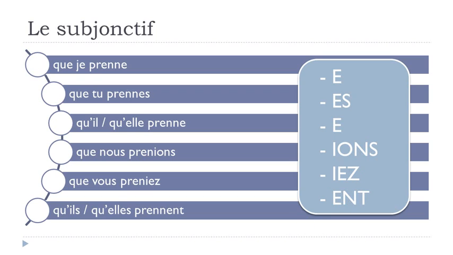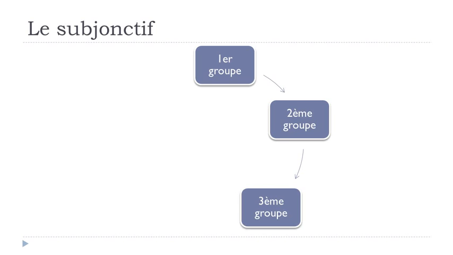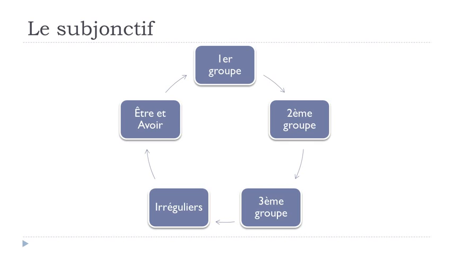All right, but then now we'll see the verbs from the first group, so regular verbs ending with er. After that, we'll see the second group, regular group verbs ending with ir. Remember, not all the er verbs, but still. After that, we'll see verbs from the third group. After that, we'll see irregular verbs. And then finally, we'll finish with être and avoir.